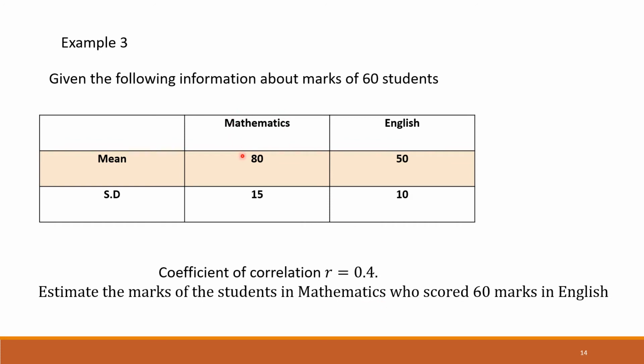We have to find the marks in mathematics, which we have taken as X, when the Y value is known. So X is kept on the left hand side and Y on the right hand side. That is our aim. We are given X bar, Y bar, sigma X, sigma Y and r.